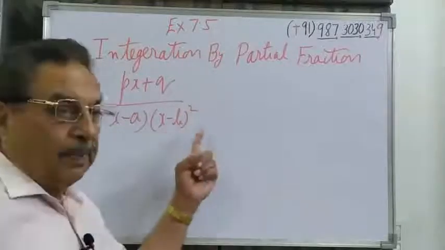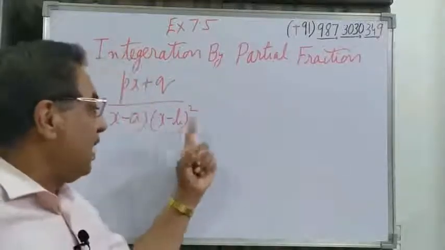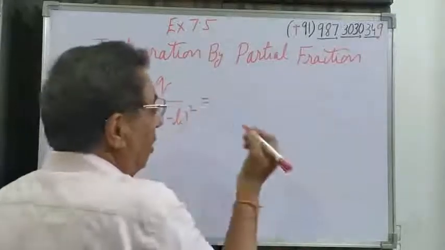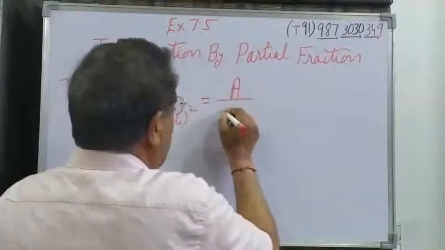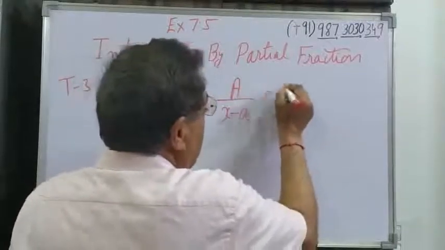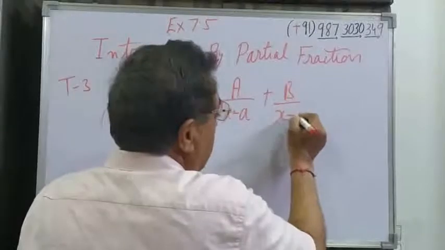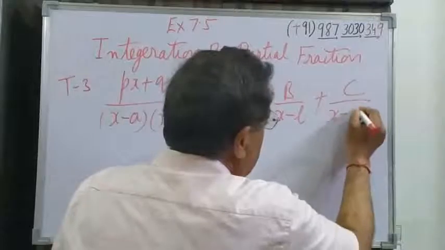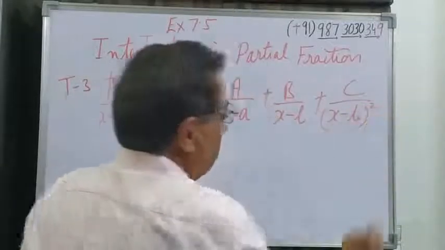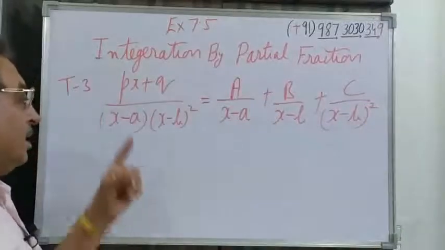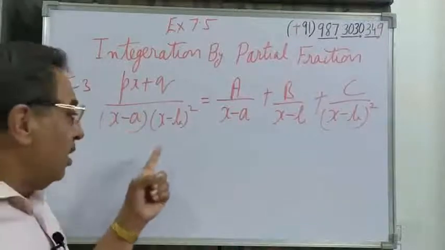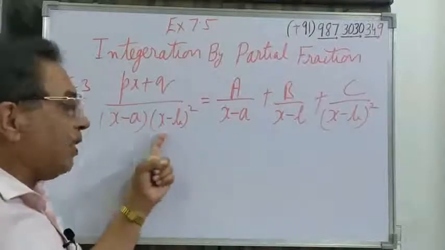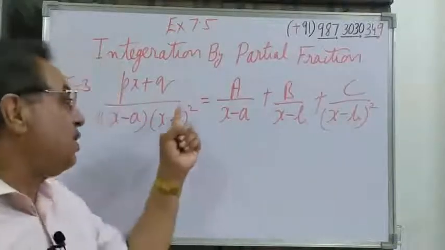Here x minus b whole square means a repeated factor, x minus b, x minus b. So how do we resolve it into partial fractions? A upon x minus a, and b upon x minus b plus c upon x minus b whole square. This is the way. In such questions the denominator has one linear factor and another linear factor that is repeated, meaning the square is there.